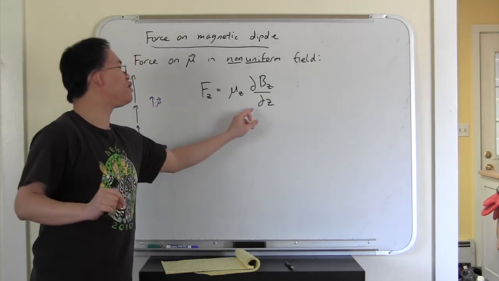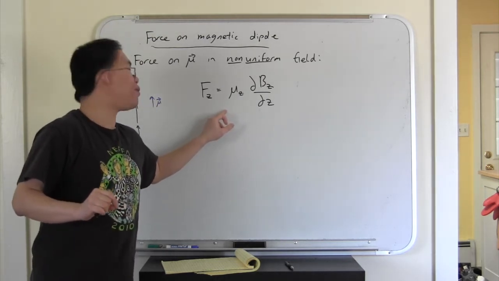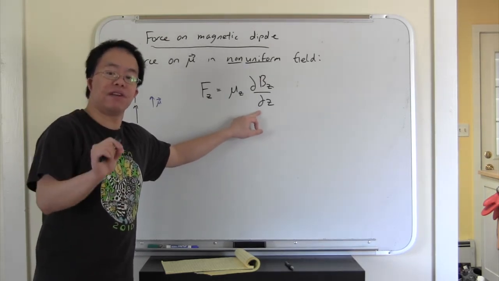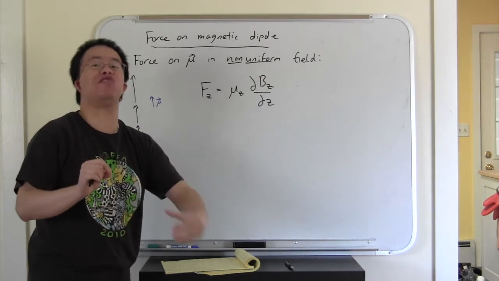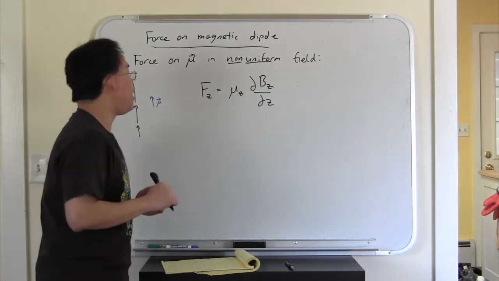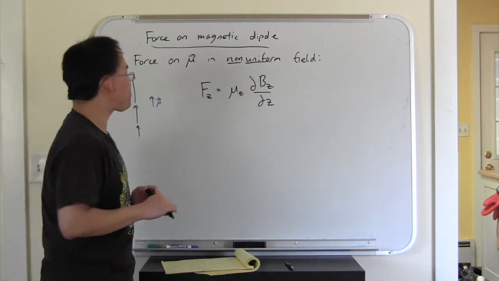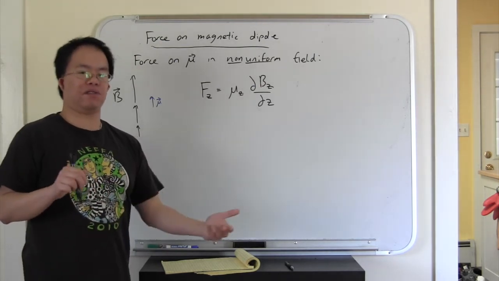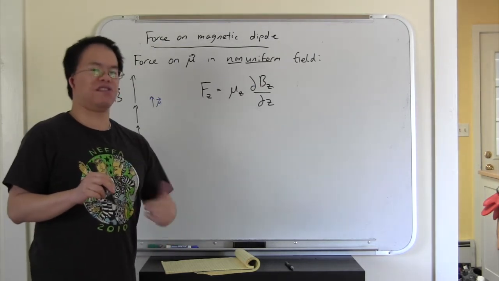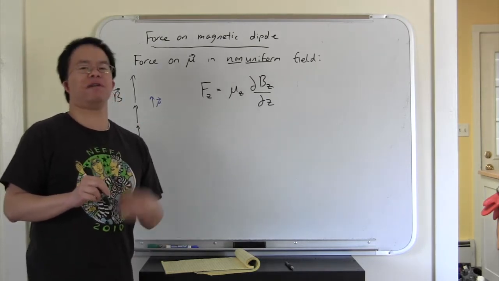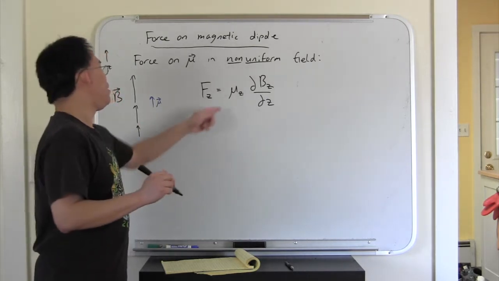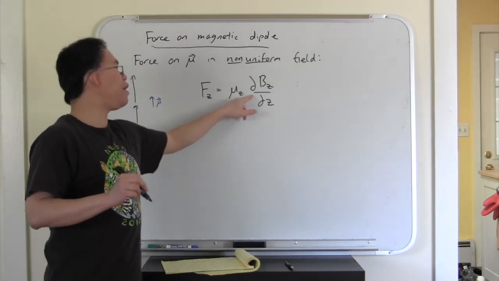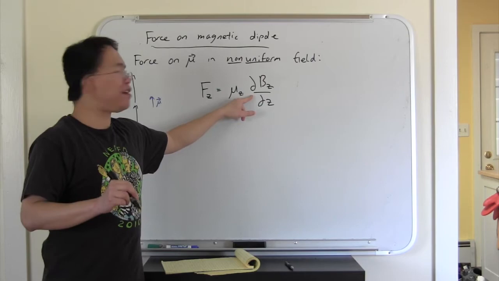The key takeaway is that what is required for a non-zero force is a non-zero derivative, namely I need a spatial gradient of my magnetic field. The same thing applies in other directions. For instance, the x component of the magnetic force on a dipole would involve the x component of the magnetic dipole moment and partial B_x partial z.